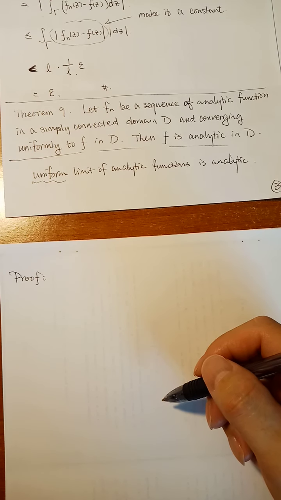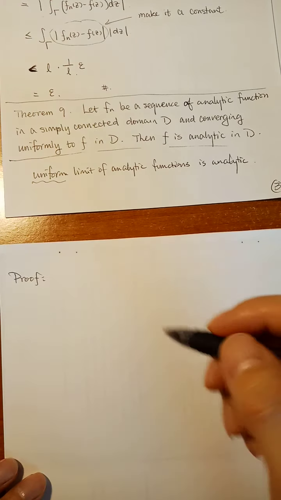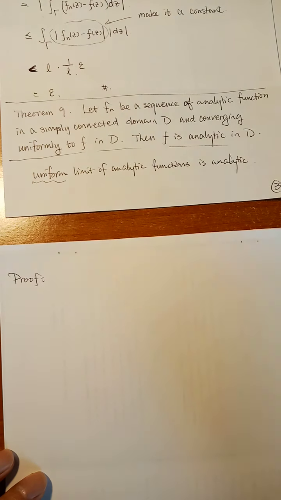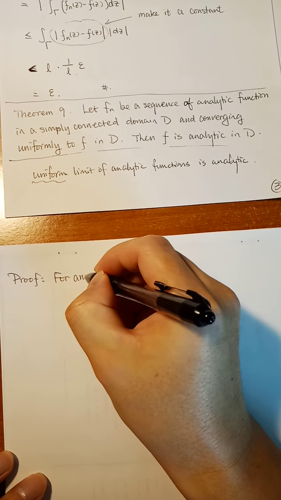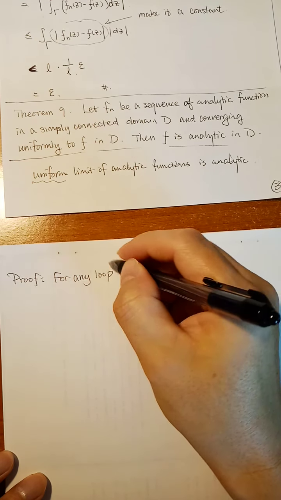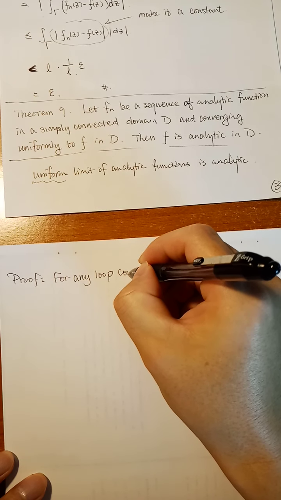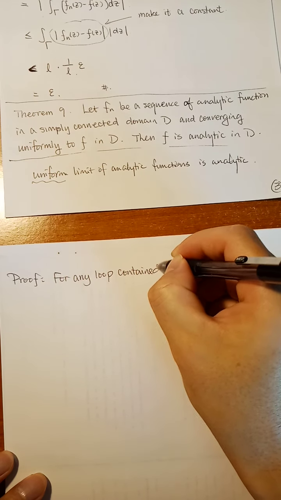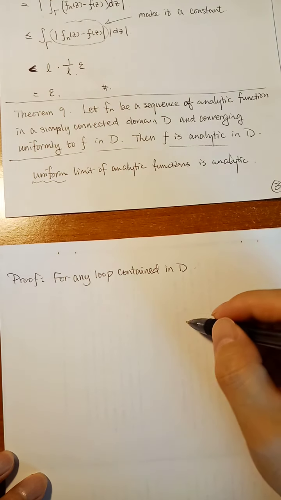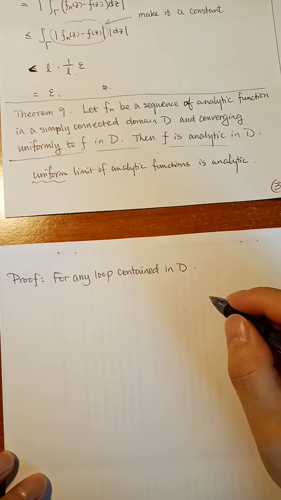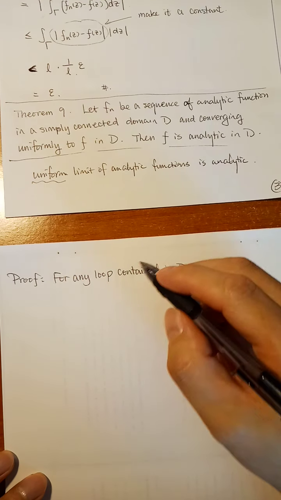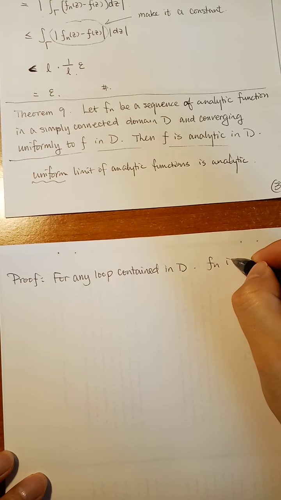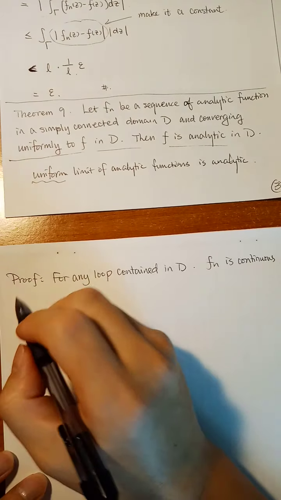Given any loop contained in D. At this moment, f_n is continuous.